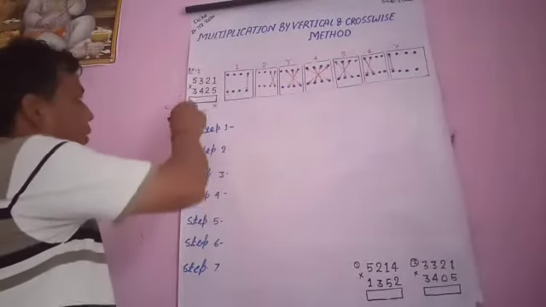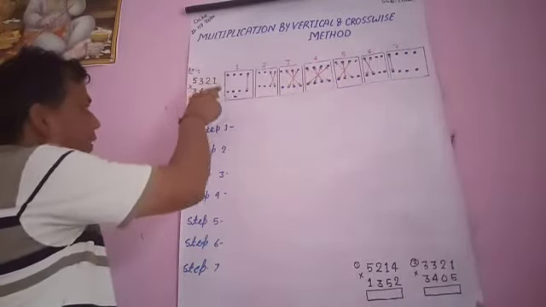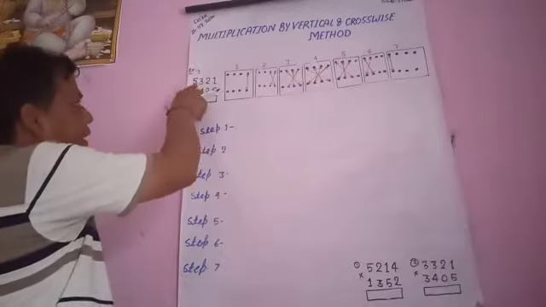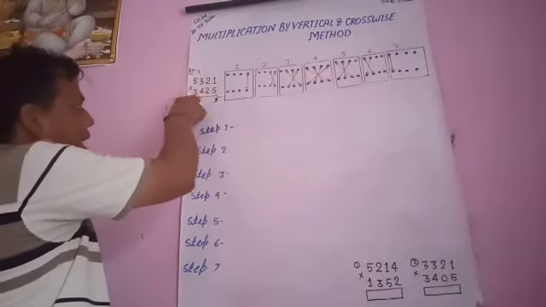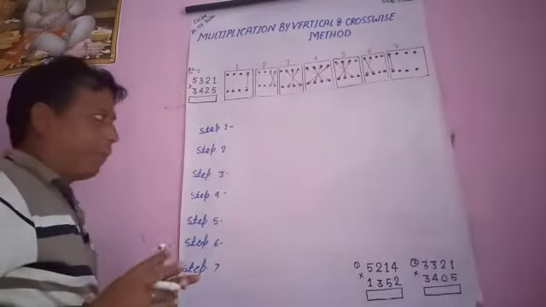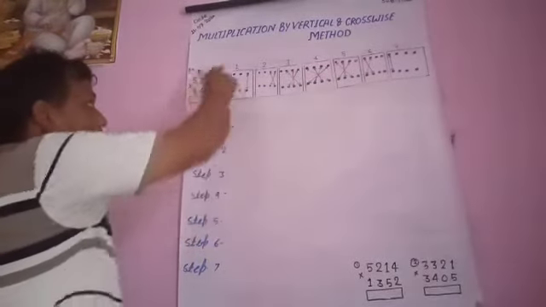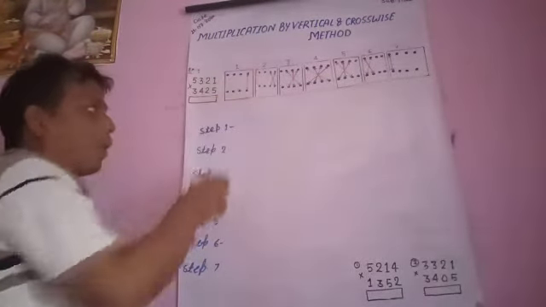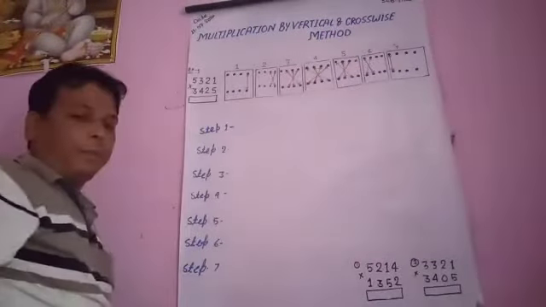So, in this example, listen to me carefully. 1, 2, 3, 4 and 1, 2, 3, 4. This is 4 digit multiplication by the vertical and crosswise method.